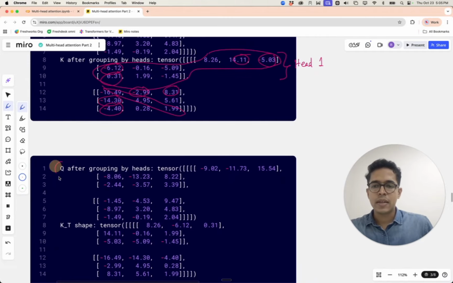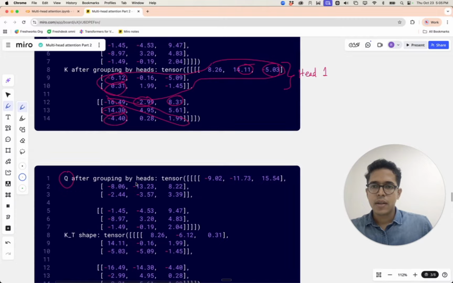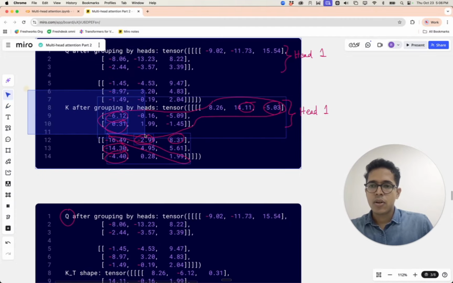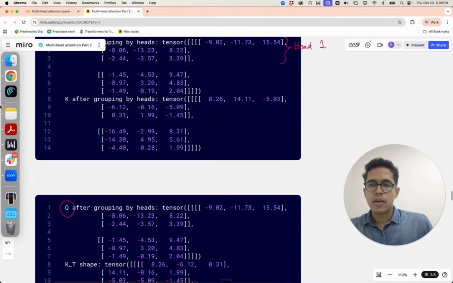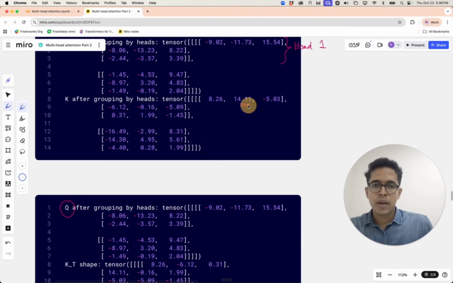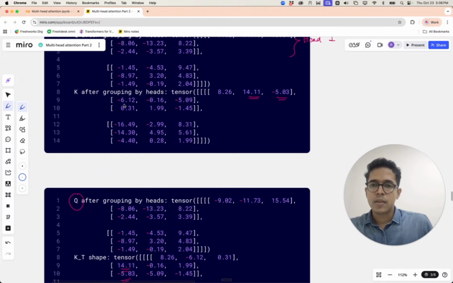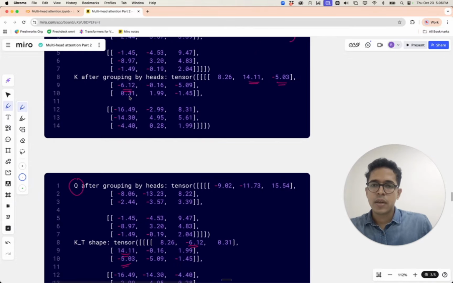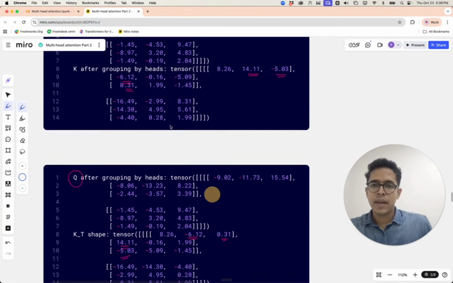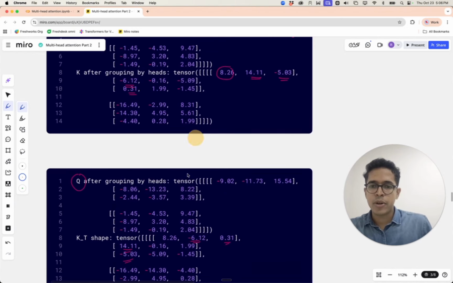So Q remains unchanged, but after transposing, if I delete all these annotations, you can see this 14.11 has reached here. This minus 5.03 has reached here. This minus 6.12 has come here, this 0.31 has come here, and diagonal elements should remain the same. 8.26.